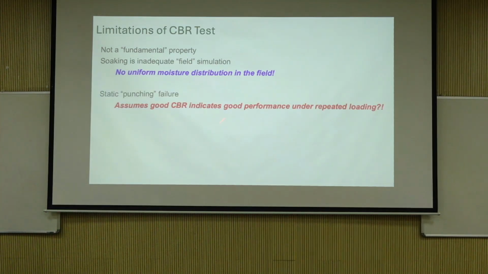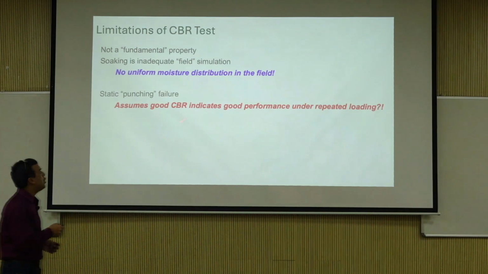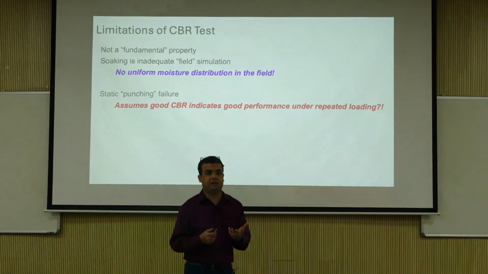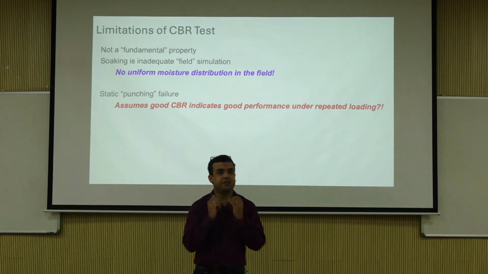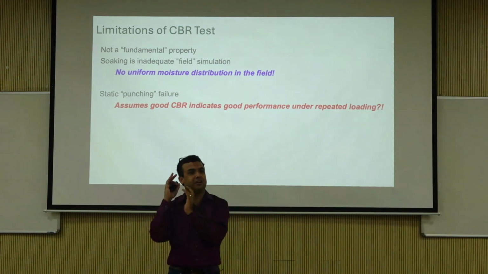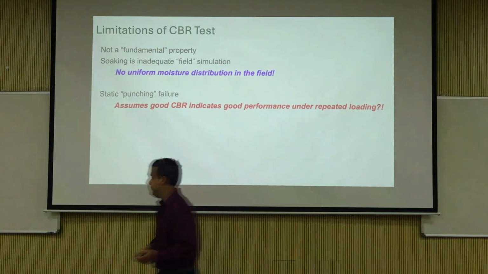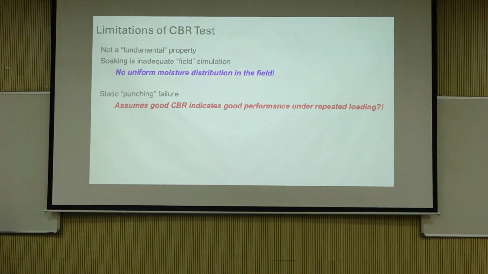Okay. Static punching assumes good CBR indicates good performance under repeated loading. Again, strength versus modulus, very different things, right? And if you want a reminder on that, you have a stress versus strain curve, sigma versus epsilon.